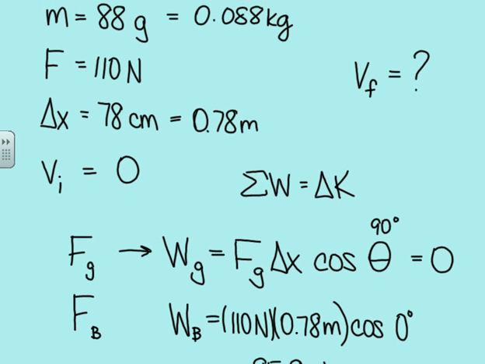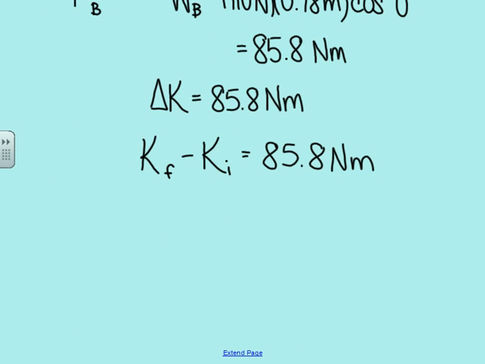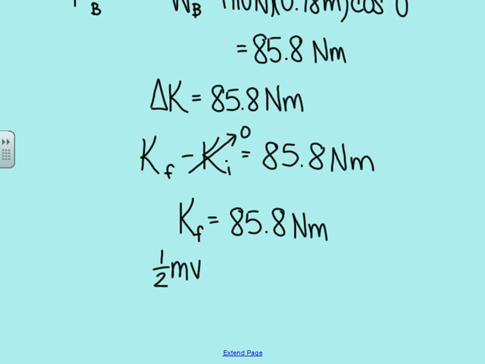One of the givens we wrote down was that V initial is 0. That tells me it has no kinetic energy initially. So the final kinetic energy is equal to 85.8 Newton meters. The equation for kinetic energy is 1/2 mv squared. And because it's final kinetic energy, this is final velocity squared.